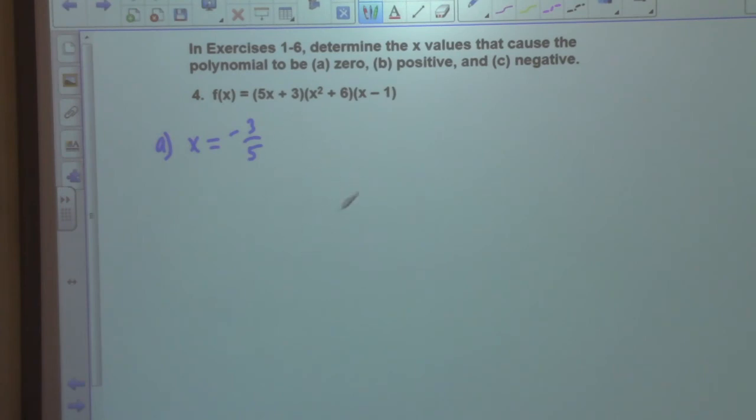When you divide by 3, you get 6 or 1/3. So you subtract here, right? Then you just divide by 5, x equals negative 3/5. Okay? So that's one of them.